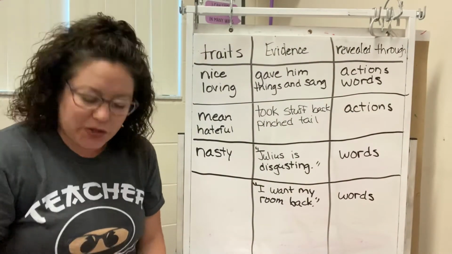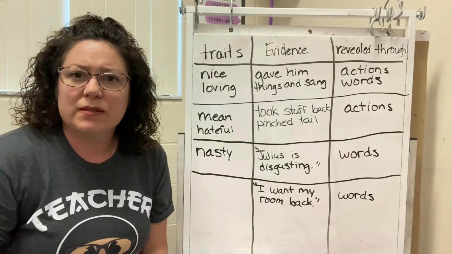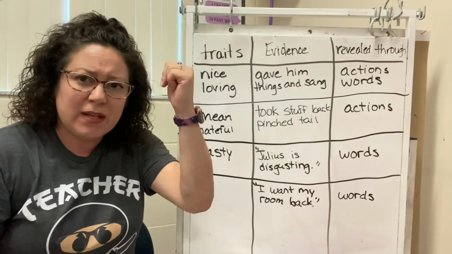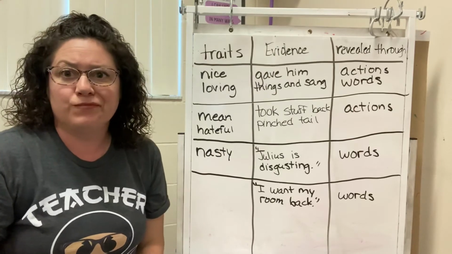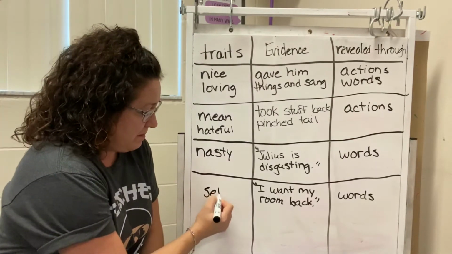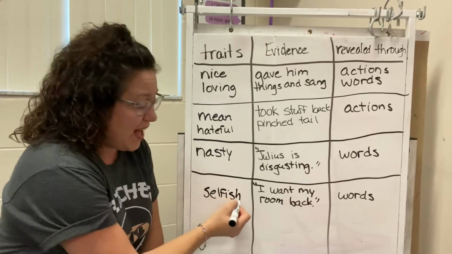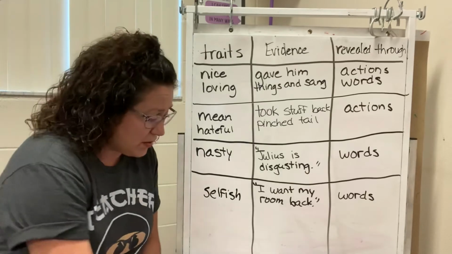So what kind of character trait can we infer from that? And we know if you want your stuff back, if you want to take it back, you're being very what? Selfish. Exactly. She's being selfish. She's got a lot of negative character traits. Hopefully she turns it around, right?